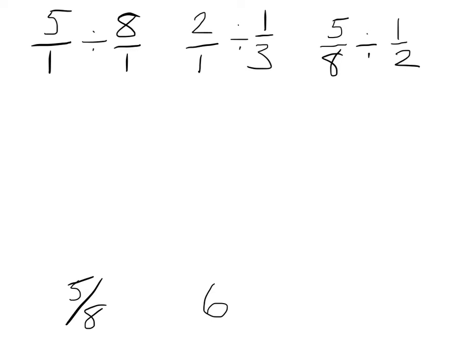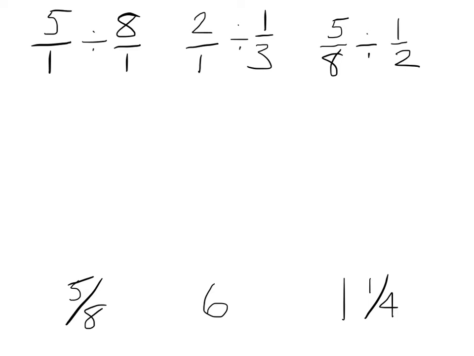We could make 6 pizzas. And in the last example, we started with 5/8 cups, and we divided by 1/2 to see how many groups of 1/2 we could make. And we found that we could make 1 1/4 groups, or 1 1/4 batches of cookies.